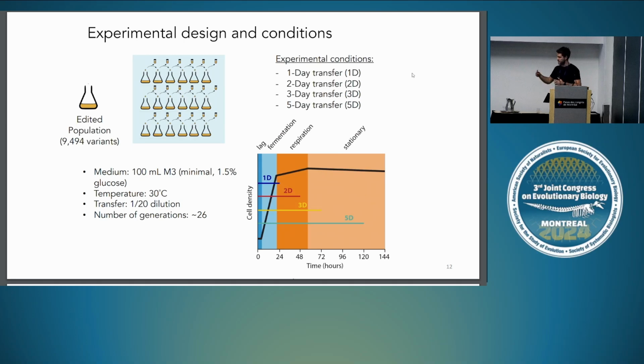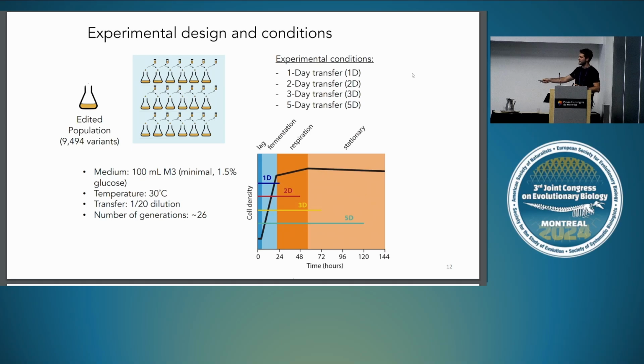The experimental conditions were transferring the cells every day, every 2 days, every 3 days, and every 5 days. And the reason is that cells growing in a flask have this growth curve in black, where they go through different phases of growth: lag phase, fermentation, where they ferment glucose into ethanol, then when they run out of glucose, they go into respiration, and finally into stationary or starvation phase.